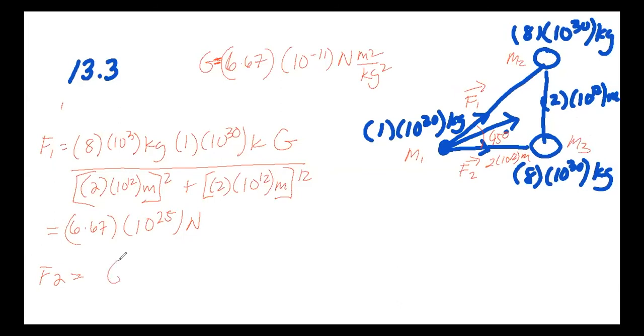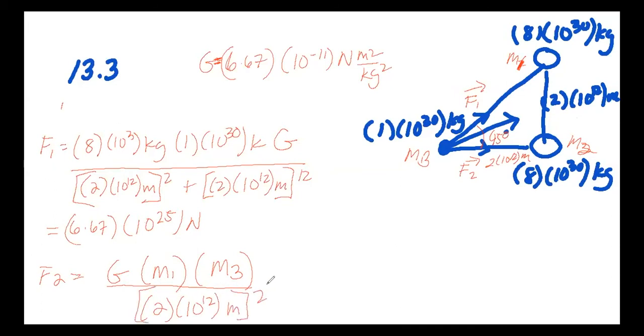I'm going to do G times M1, oh wait, I should call this M2. I'll call that 3. This will just make more sense. M1, M2, M3. All right, so G times M1 M3 over 2 times 10 to the 12th meters, quantity squared.